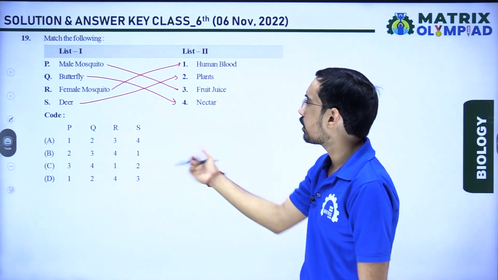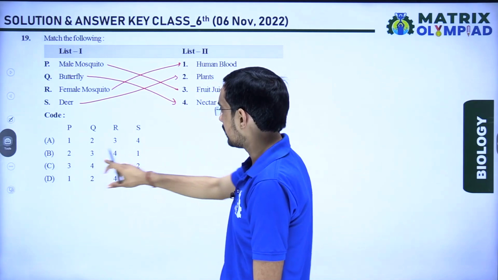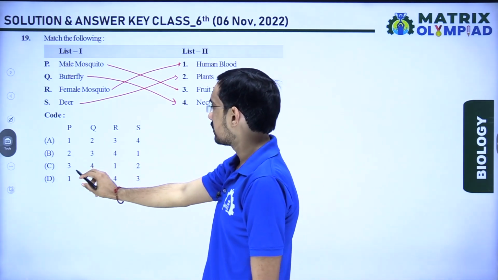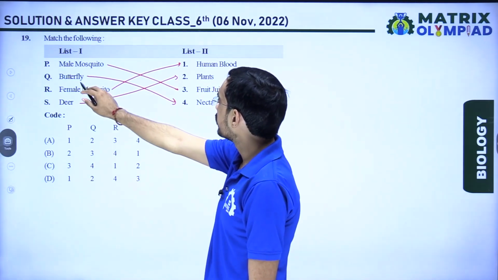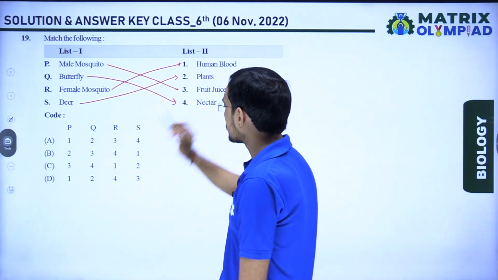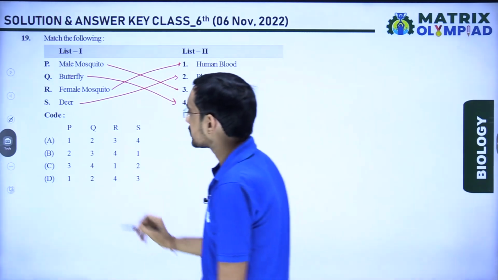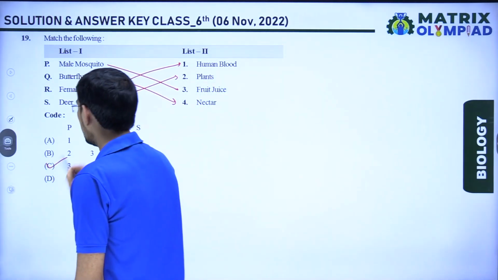Now move to the given options. First is given P is equal to Q. Third, it is given only in one option. Move to the Q. Q is given 4. Same. Female mosquito first and deer will be second. So our correct option will be option C.